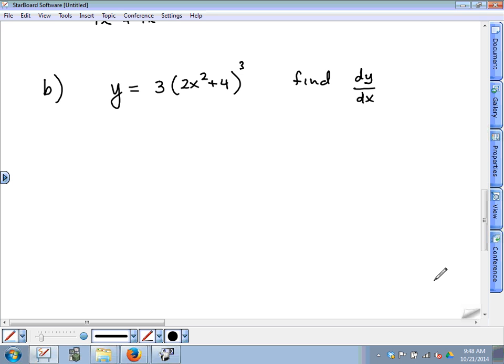Now in this situation, it'd probably be much easier to use the chain rule than trying to expand out the original problem.